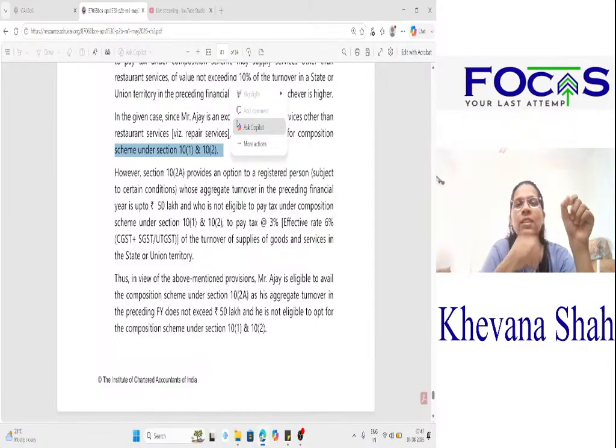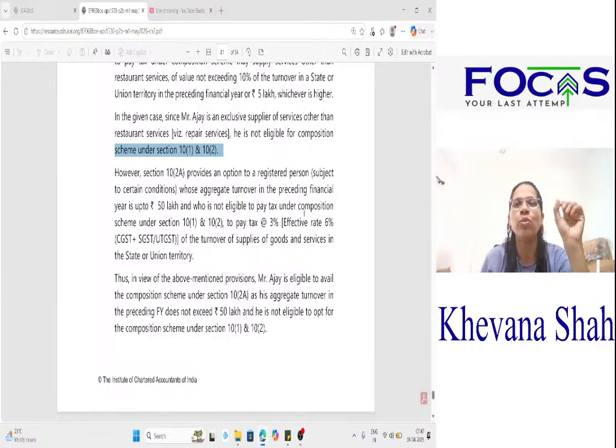However, section 10(2)(a) provides an option to a registered person, subject to certain conditions, whose aggregate turnover in the preceding financial year is up to 50 lakhs and who is not eligible to pay tax under composition scheme under section 10(1) and section 10(2).